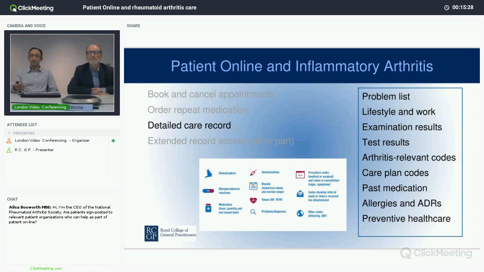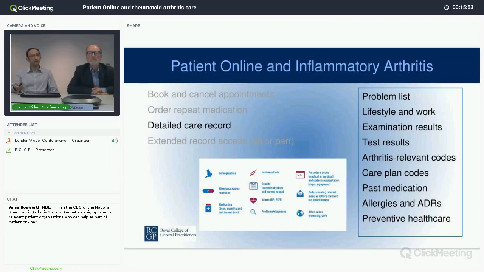They'll be able to understand other aspects of the care that are coded, their BMI, their work status, their examination results. Often the letters or annual reviews have coded information, such as the DAS-28 that come back from the hospital records, and often is coded by the coding staff at the practice.